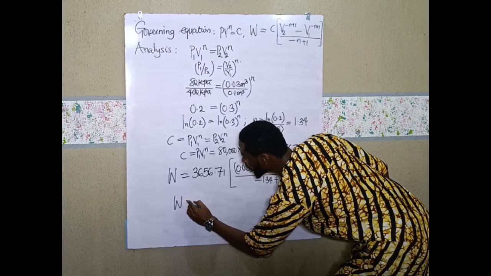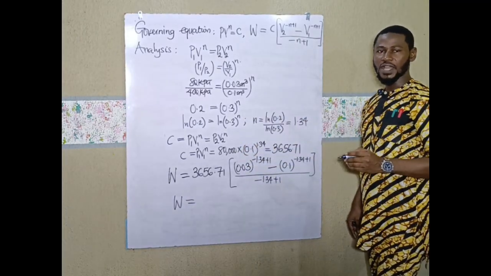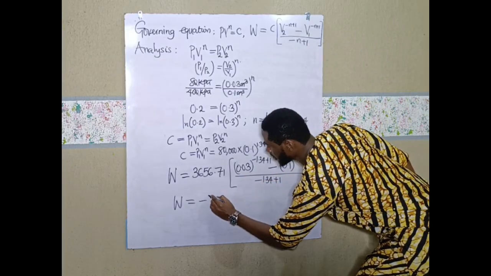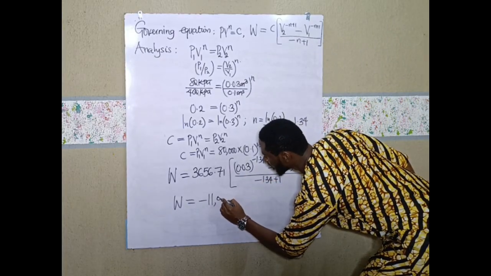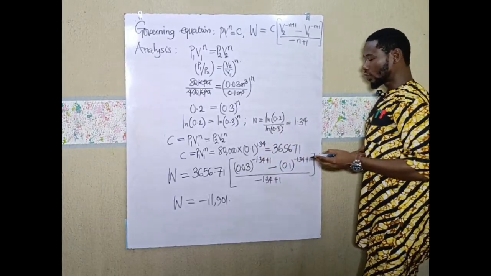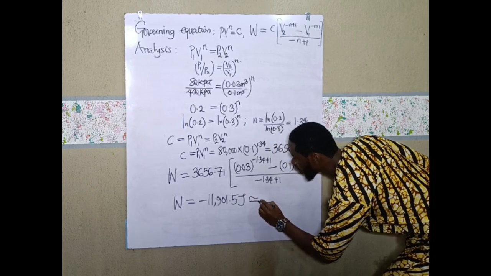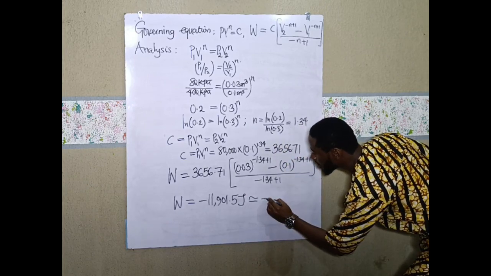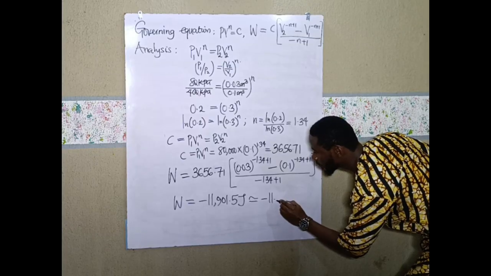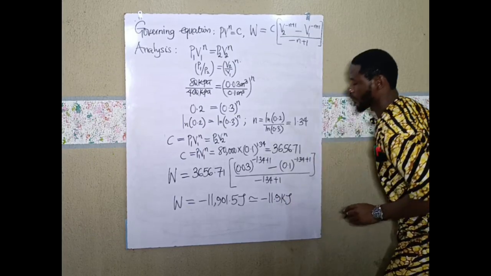So by the time you punch your calculator, the value becomes minus 11,901.5 joule, which is also expressed as minus 11.9 kilojoule.